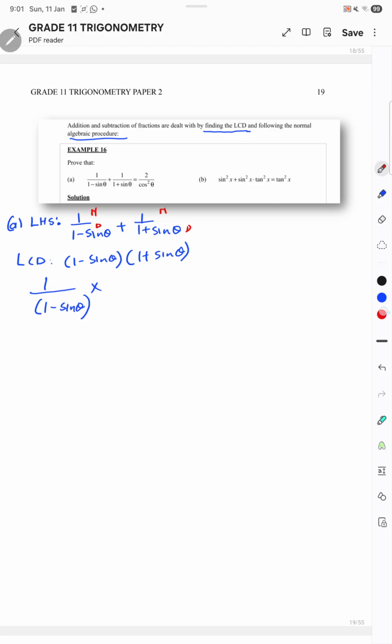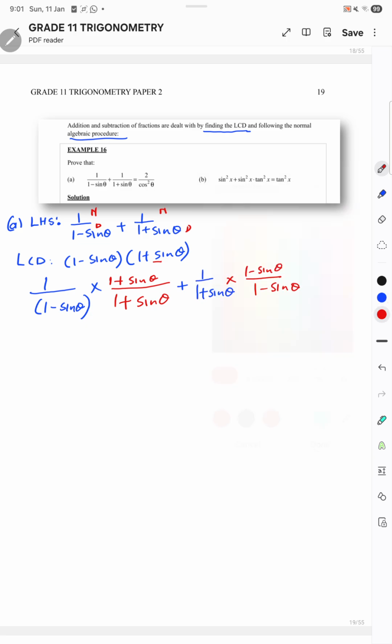So I will multiply this by 1 plus sine theta over 1 plus sine theta. Then I have a plus 1 over 1 plus sine theta. Because this side already has the 1 plus sine theta, I'm going to multiply by 1 minus sine theta over 1 minus sine theta.